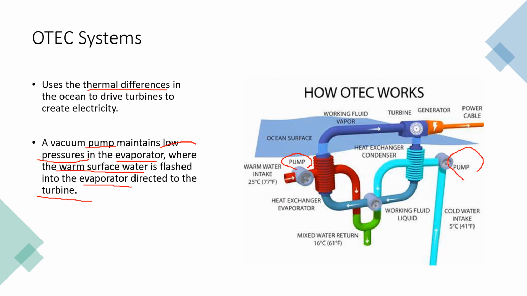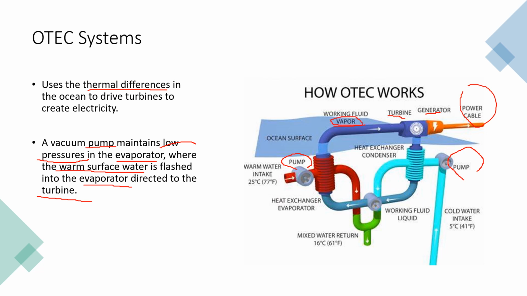So here we're going to reiterate the whole thing. That's your cold water intake. Your turbine here, your generator here. Power cable, your electricity coming out from there. From this generator, we turn mechanical energy into electricity. And here is your fluid, with vapor coming in. Vapor meaning you've got steam in there.